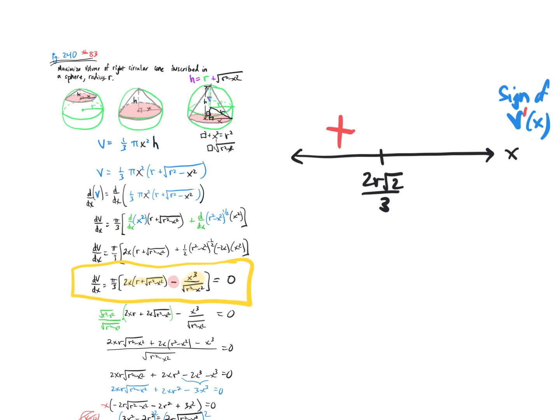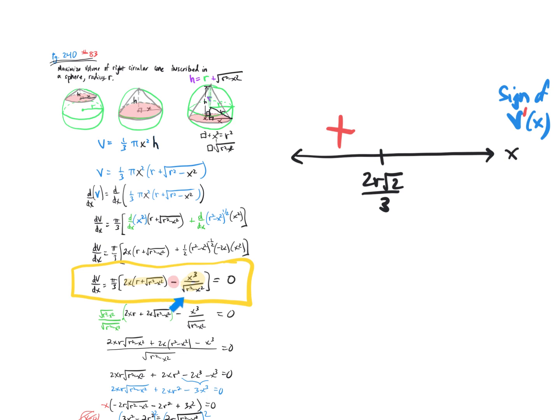Using the same sort of logic, if we took a value bigger than this value, let's take something extremely big like 100 or 1,000. Here we'd have like 200, and this expression is staying pretty fixed, although this radical expression is getting smaller as x gets bigger. But we're subtracting that big x value over here, like 100 or 1,000, and that's getting cubed.